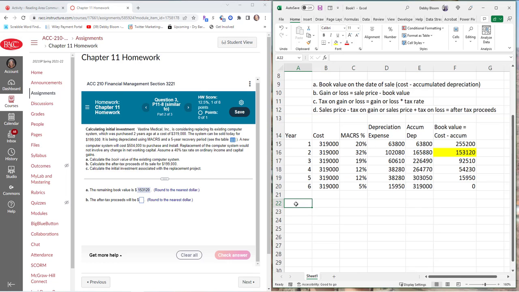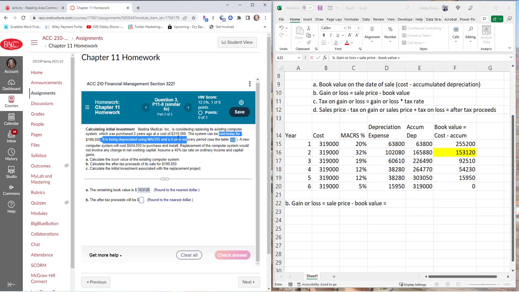So for B, we're going to calculate our gain or loss. So we're going to take our sale price, and subtract our book value. In this case, in the problem, we were told that the machine can be sold today for $199,000.